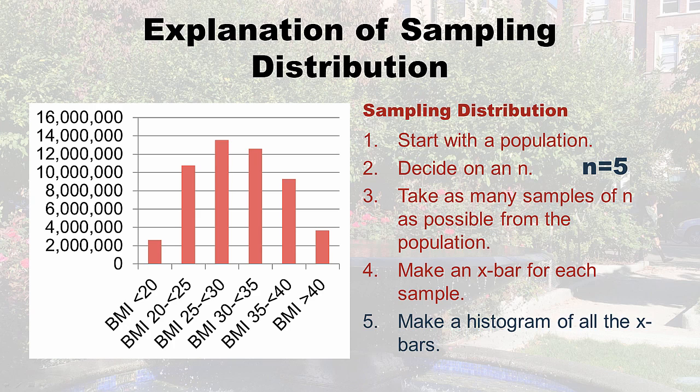And remember, this is a frequency histogram of x bars. Each one of these frequencies is an x bar that you got out of a group of 5 you could take. And so that's what the sampling distribution is. It ends up looking like a histogram, but it's a histogram of all the possible x bars you could get from all the possible samples of whatever n size you picked from the population that you have.